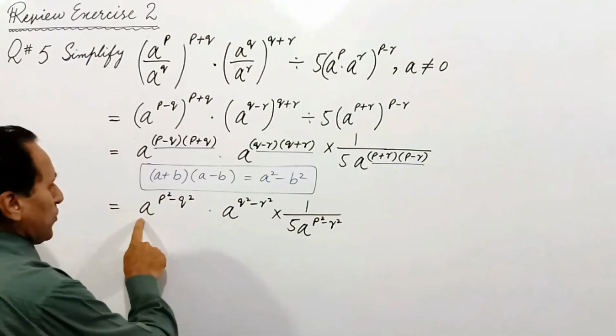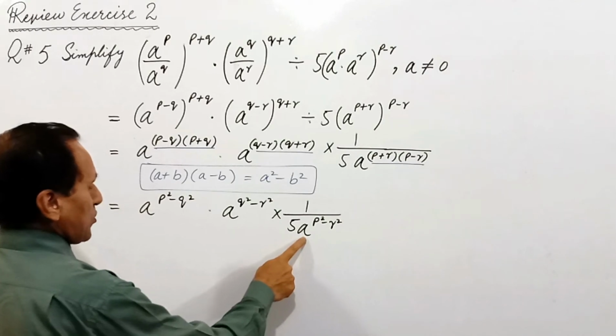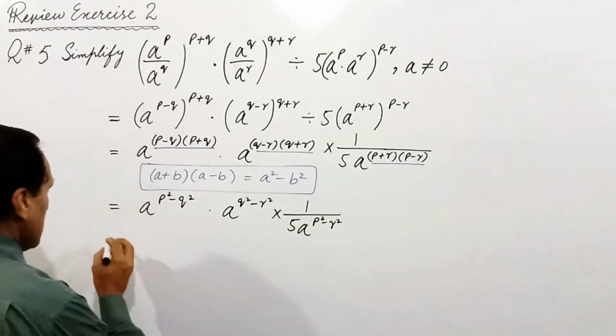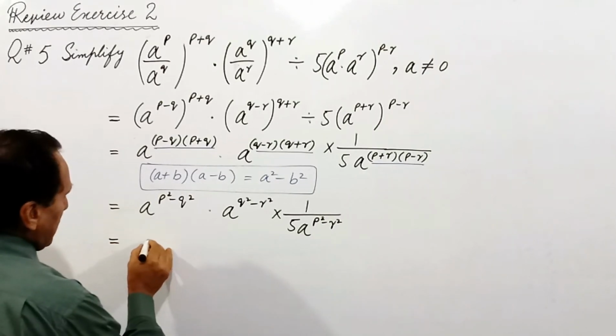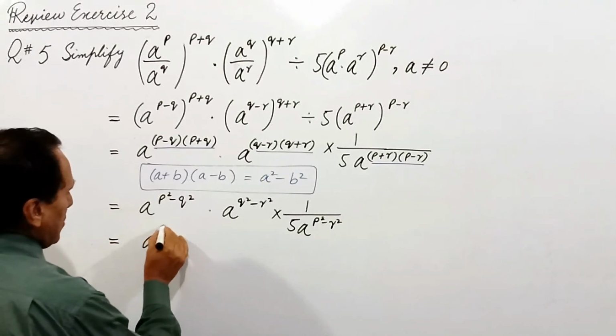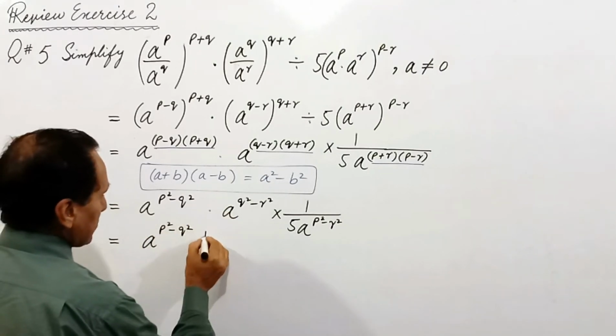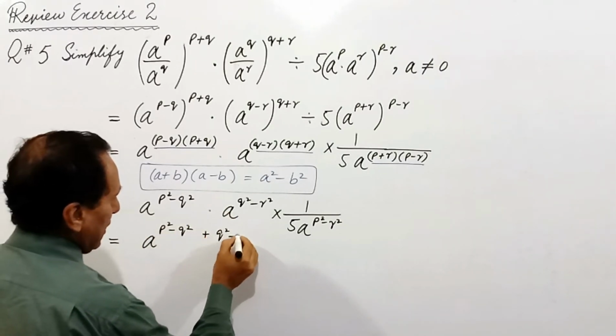As these three bases are same, we apply the law of sum of power as well as the law of quotient power with the same base at the same time. So we get a raised to power p square minus q square plus q square minus r square.